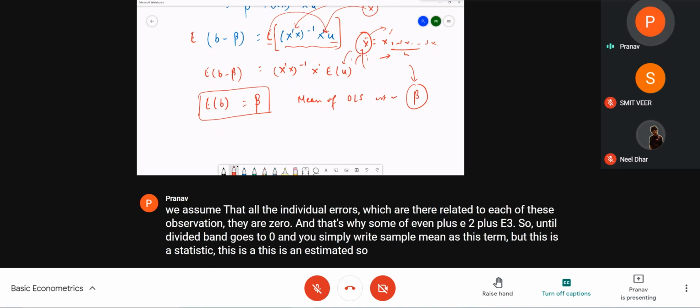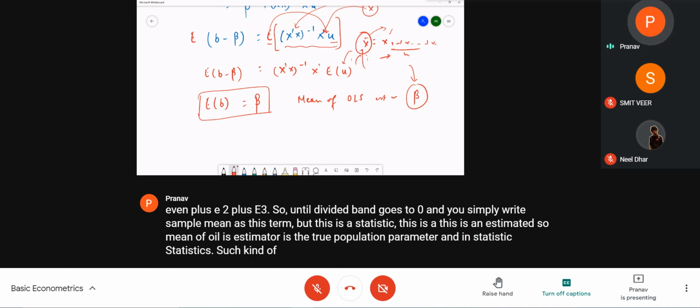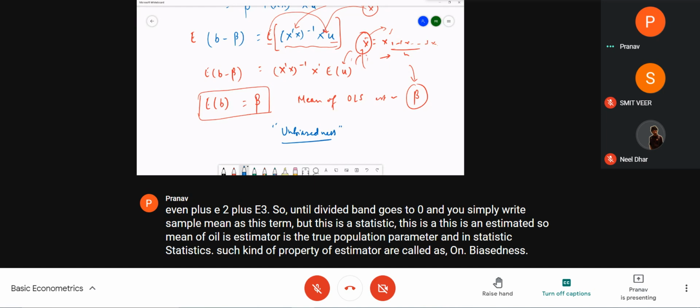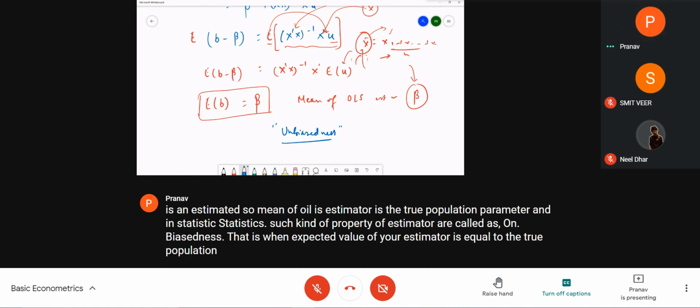So mean of OLS estimator is the true population parameter, and in statistics, such a property of an estimator is called unbiasedness. That is, when the expected value of your estimator is equal to the true population parameter, that estimator is said to be an unbiased estimator of the true unknown population parameter.